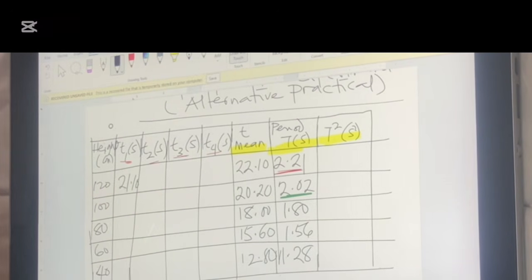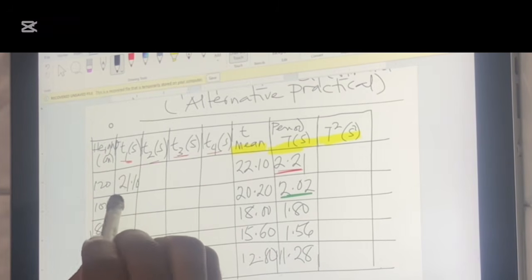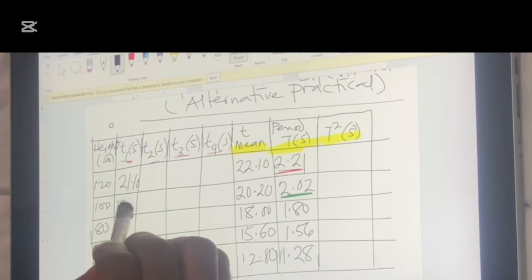Now the next one, 20.20 minus 1 will give us 19.20.